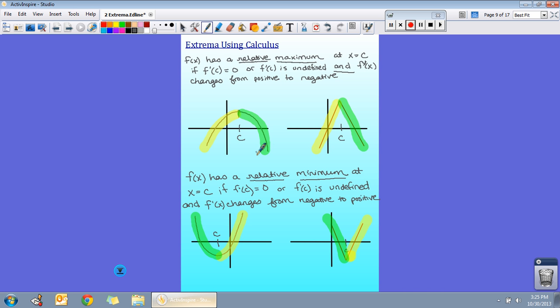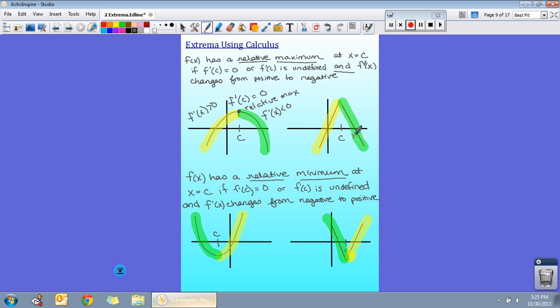So if we look at this upside down quadratic, we know, because we have a horizontal tangent line, that the derivative at c is 0, but it's changing from a positive slope, where f prime of x is greater than 0, to a negative slope after c, where f prime of x is less than 0. So therefore, at this point, we have a relative maximum.